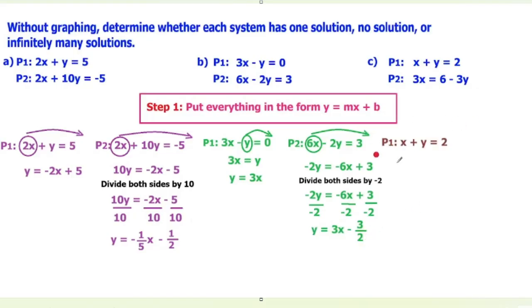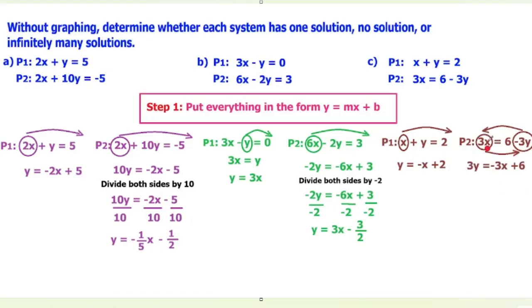Now let's move to this one. We'll move the x over. It becomes negative because it crosses over the equal sign. So we have y equals negative x plus 2. We'll do the same thing to this one. We will move the negative 3y over to here, and then the 3x that way.